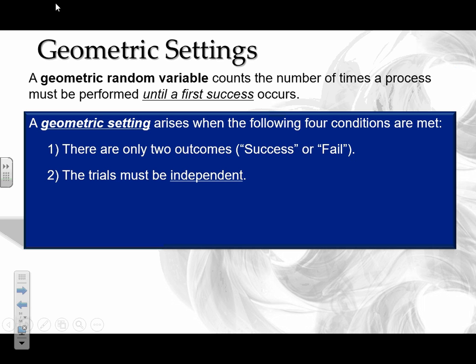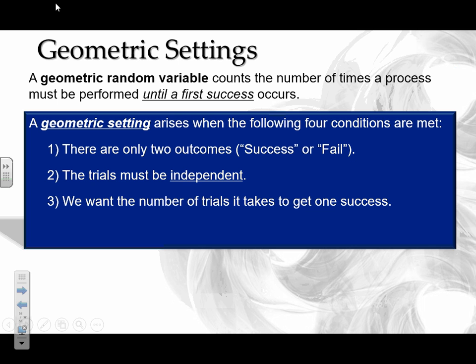With a geometric setting, we want the number of trials it takes to get one success. So how many times are we going to have to perform our random event before we find our success?